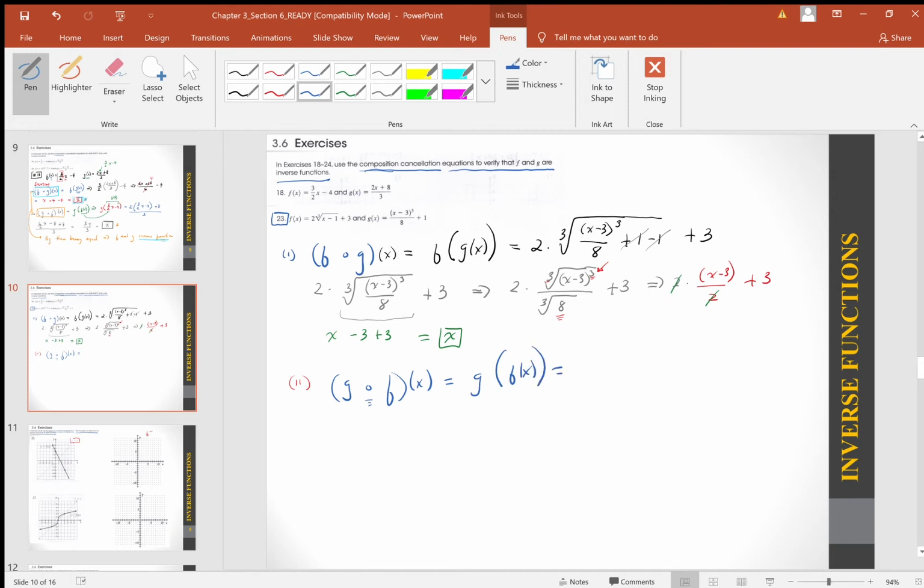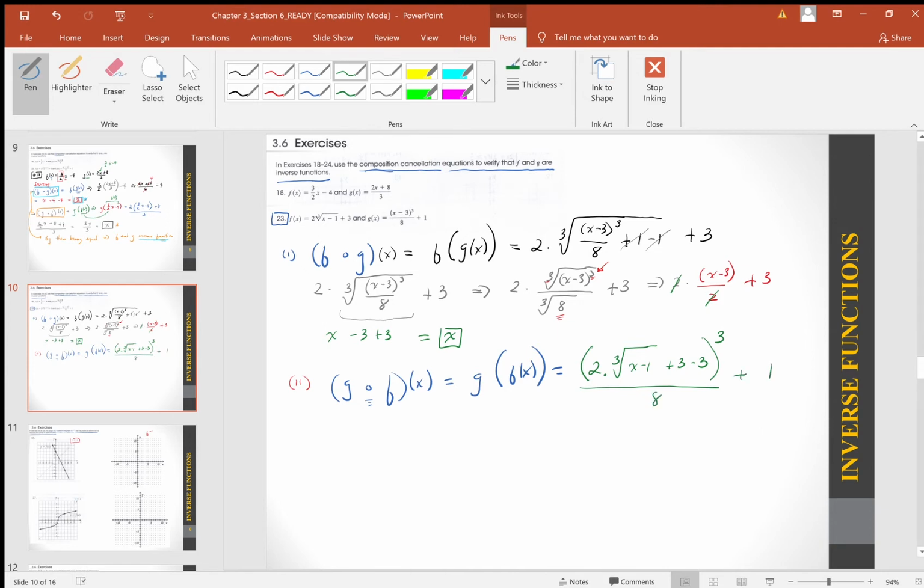And when you do that, what we're going to get is 2 times the cube root, okay, x minus 1 plus 3 minus 3. Okay, and we're going to get the cubed, and that's going to be over 8 plus 1.